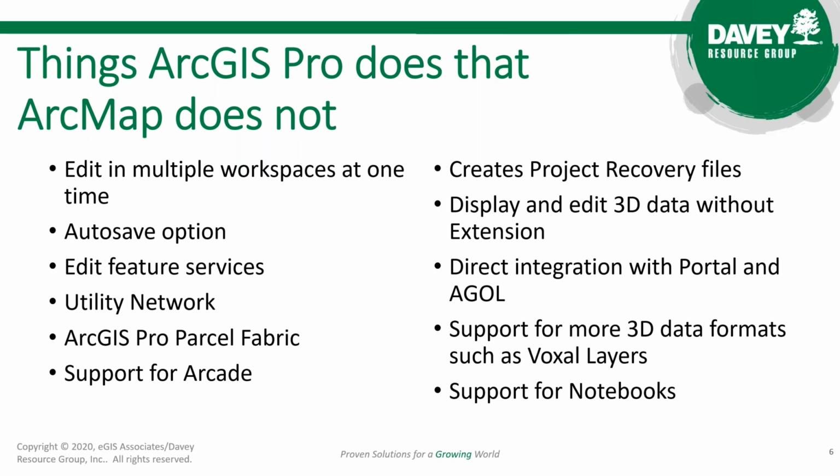Which then also leads to the fact that we can edit feature services. So the same web services you're publishing out for Collector, Survey123, any web apps or whatever, you can bring directly into Pro and begin editing those as well, assuming editing's allowed. This is really great if you look at things now where so many people are working from home.